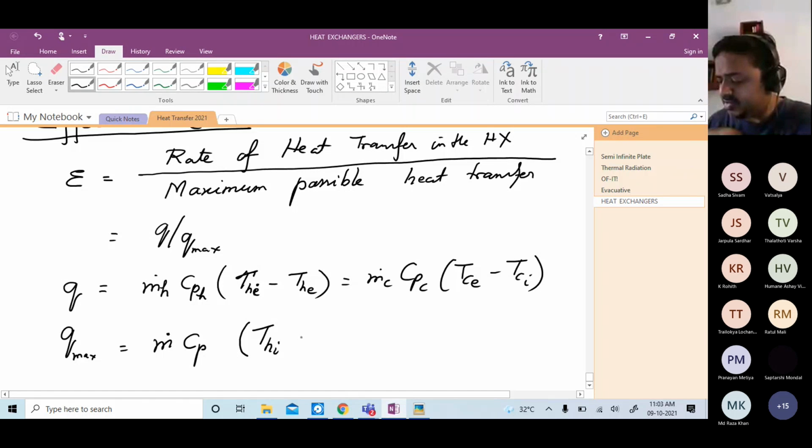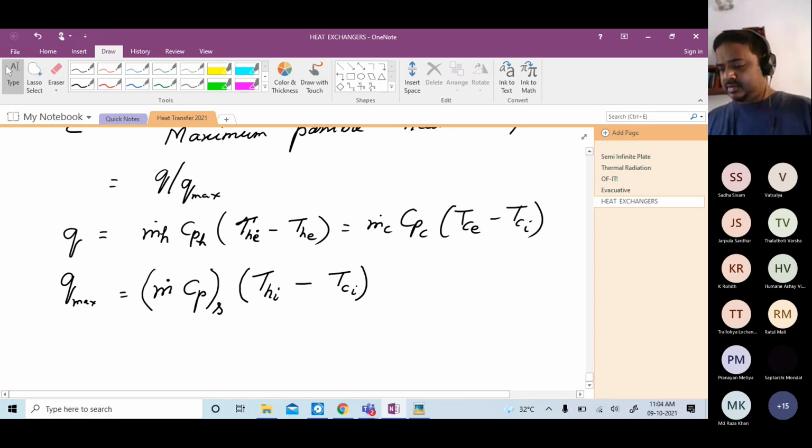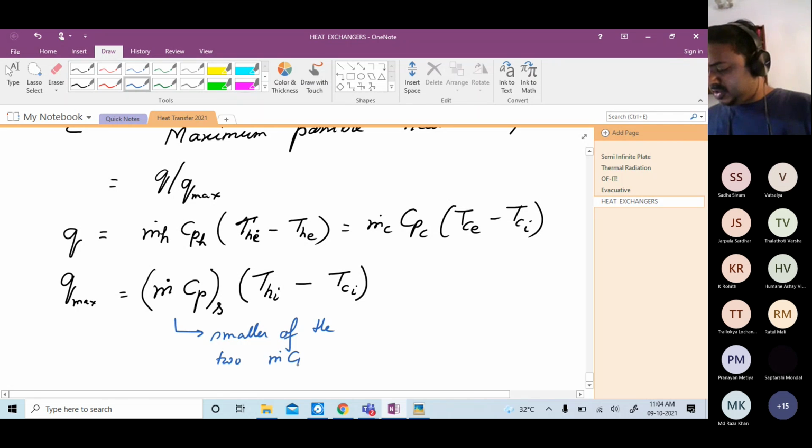And what is that? We have discussed before: Thi minus Tci. Okay. Next question is, what is this m dot Cp? Is it the hot fluid or the cold fluid? It is the smaller of the two m dot Cps.